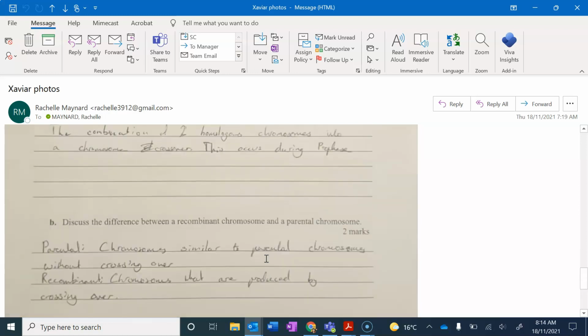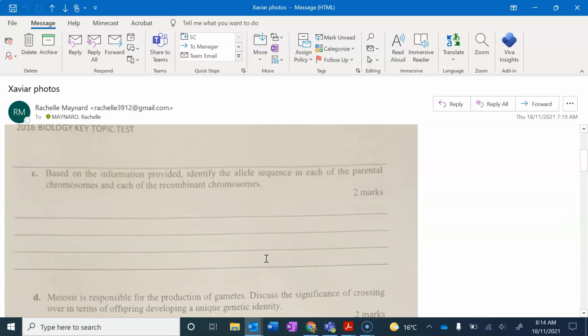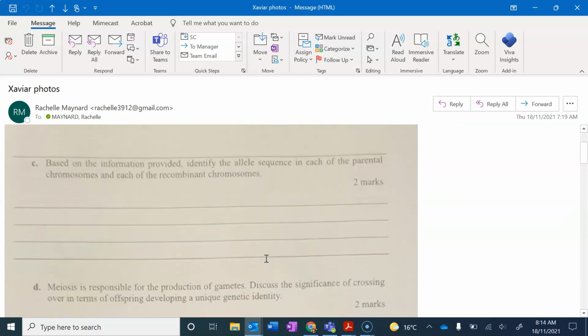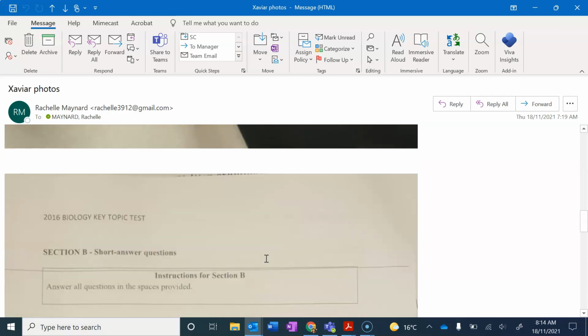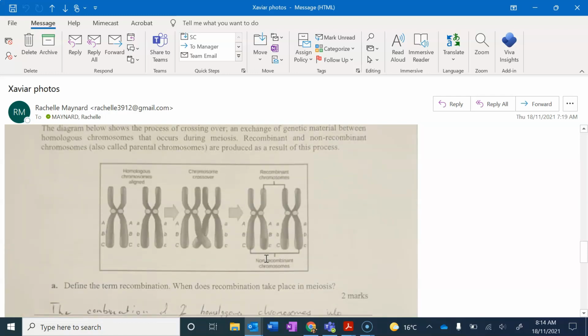All right, that's that one. I need to get to the next. Based on the information provided, identify the allele sequence in each of the parent chromosomes. So I'd write parent equals, and then you've got a dominant A, dominant B, dominant C for parent 1, and recessive A, recessive B, recessive C for parent 2.